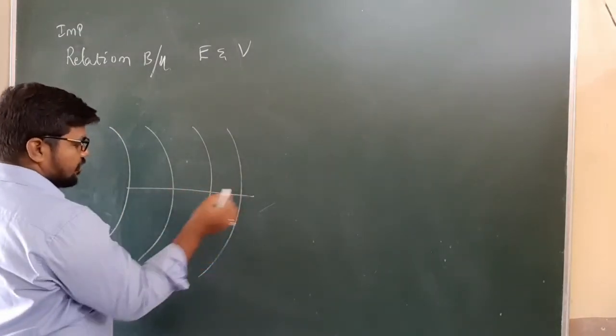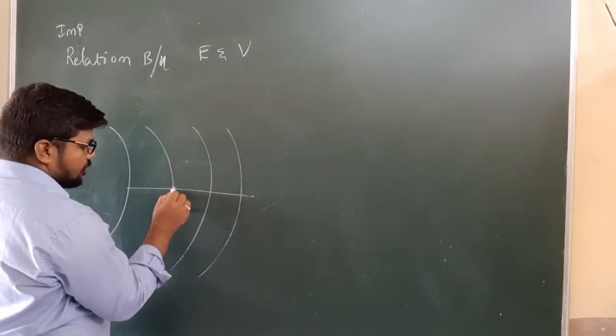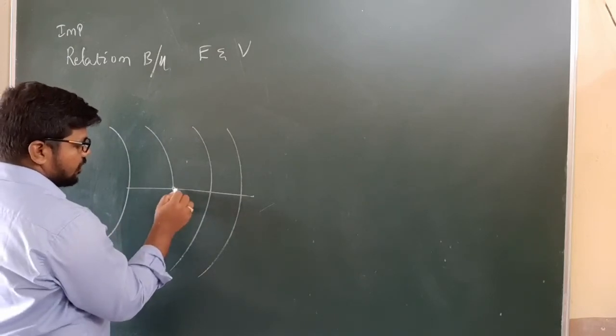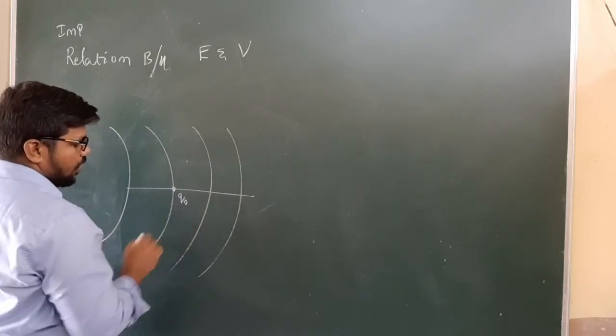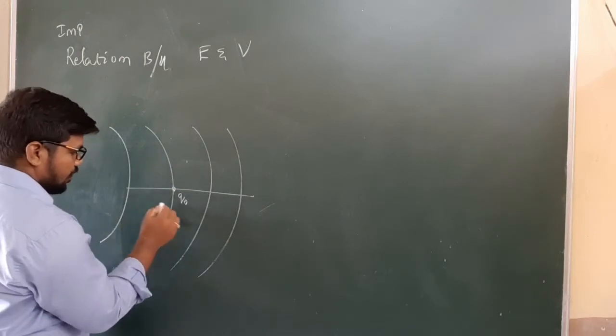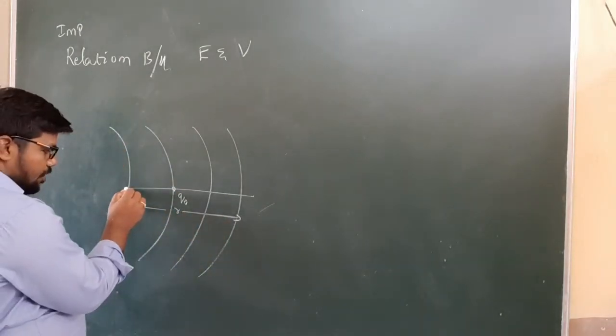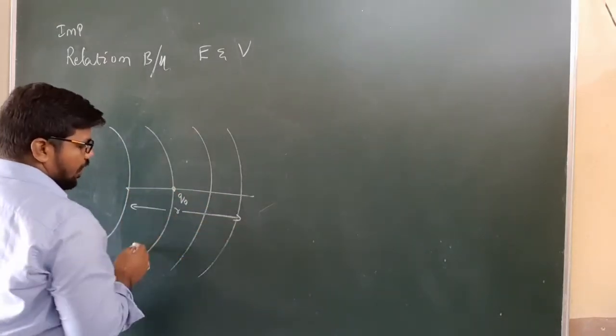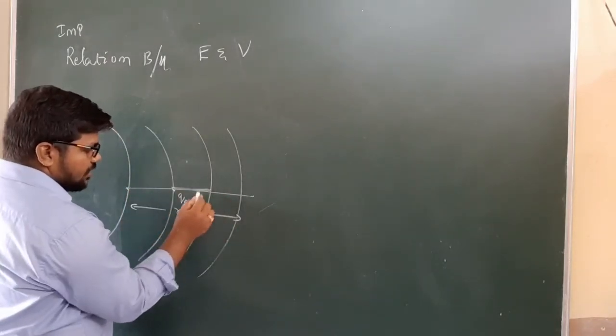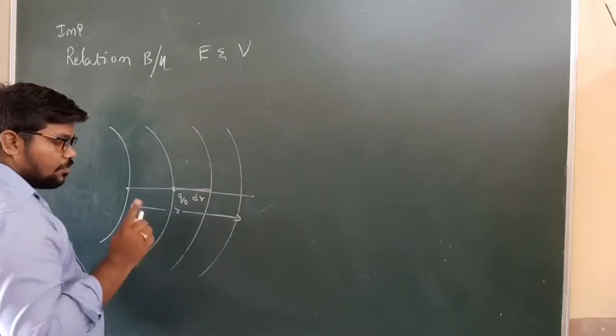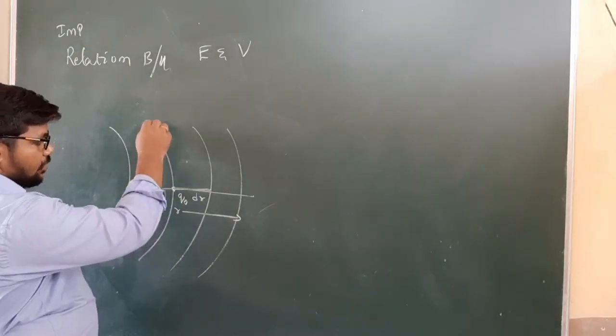Consider a test charge at this point. Okay, at this point, a test positive charge, that is Q0. Okay, see here, distance is denoted R. Okay, from here to here R. So consider a small distance, that is dr. Be careful, my children.